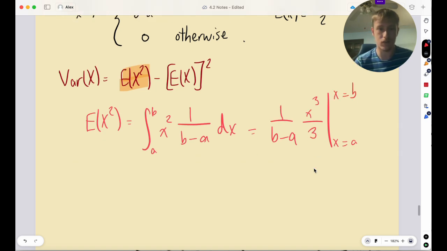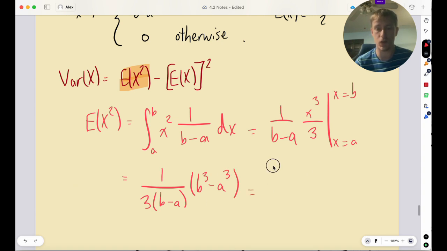But when we do that, we're going to get 1 over 3 times b minus a times b cubed minus a cubed. If you'll recall the difference of cubes formula, that's just going to be b minus a times the quantity b squared plus ab plus a squared, all divided by 3 times b minus a.